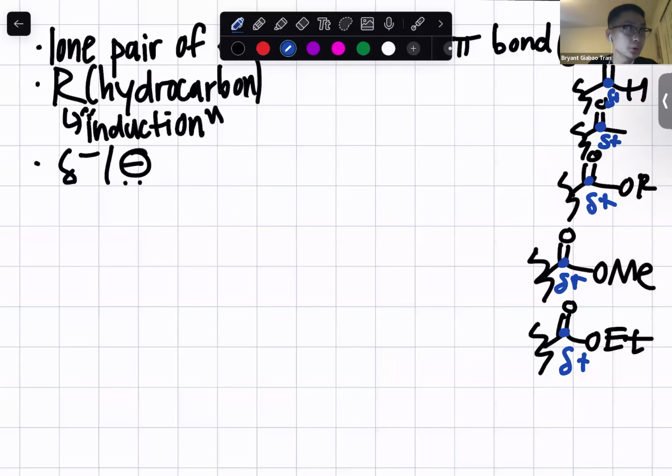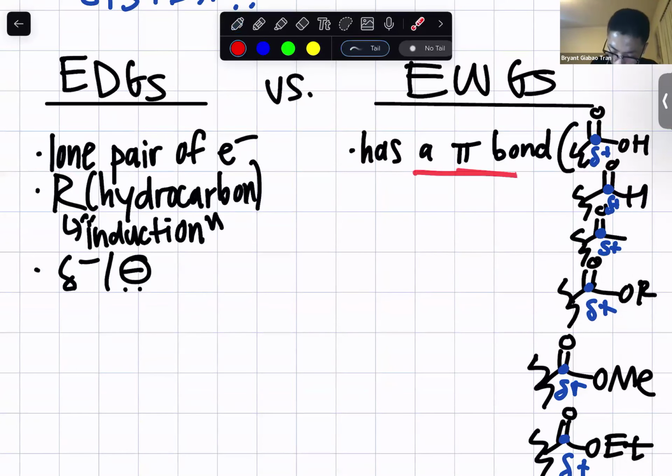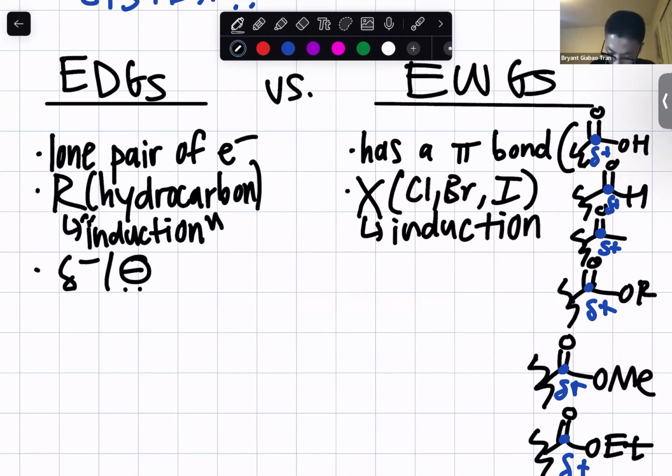It wants to gain more electrons, which is why it's an EWG. Right. Another thing is if you see any halogen, like chlorine, bromine, iodine, because they are very electronegative. And this is also through induction. They withdraw electrons through induction because they are very electronegative. And like we said earlier, the very first atom has to be partially positive or fully positive.